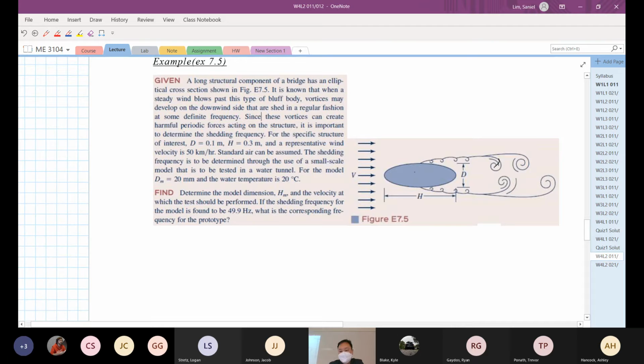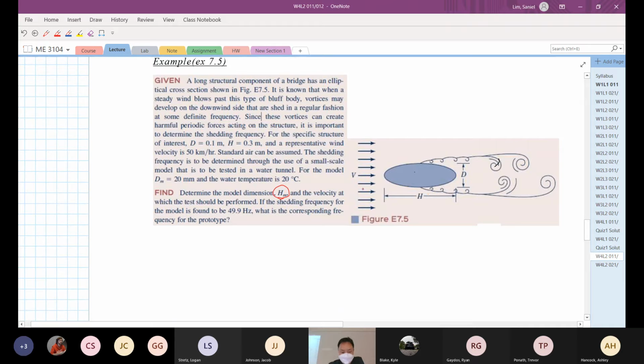This vortices or any kind of flow can affect, let's say, boat activities in the river or in the ocean, something like that. So here we are interested in finding HM, which is the height of the model, or width.